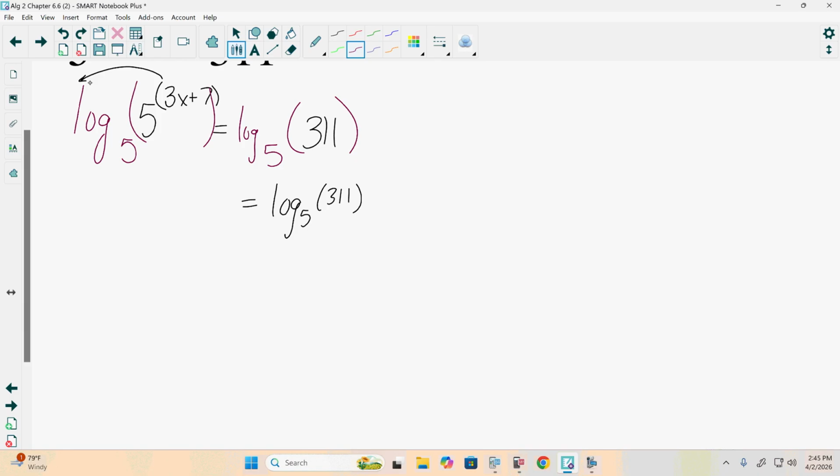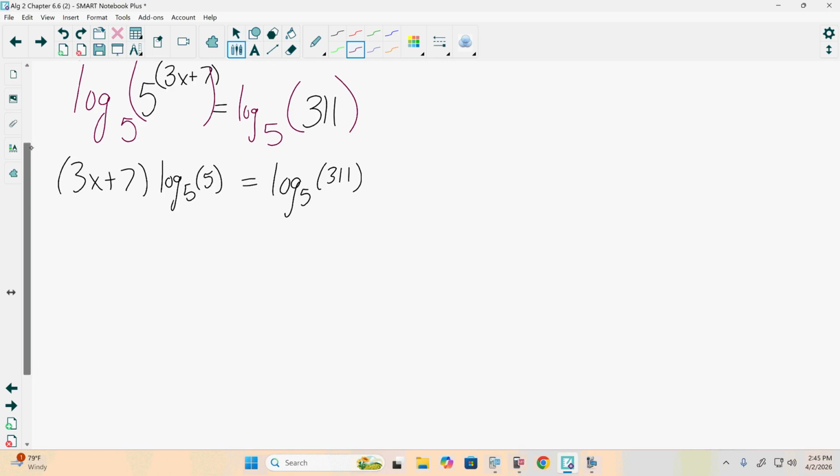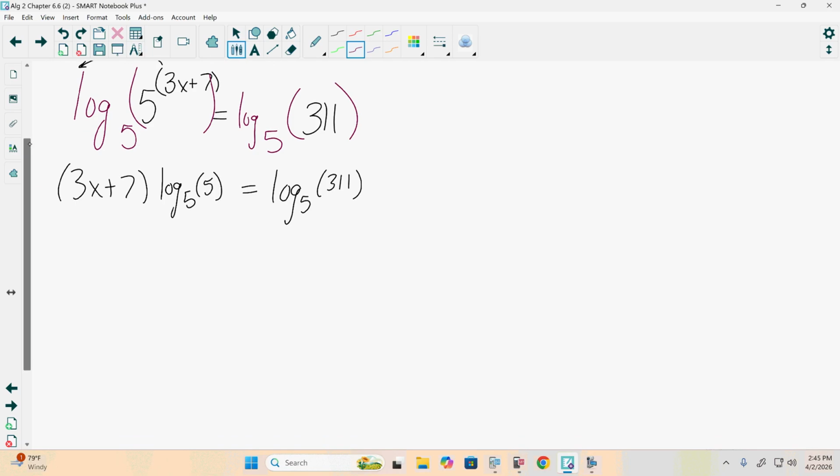Now, even though we do have more than one term up in that exponent, the whole exponent goes to the front, telling us that we have 3x plus 7 times log base 5 of 5. So we do need parentheses, especially around the 3x plus 7, because the 3x and the plus 7 are both being multiplied by that log base 5 of 5.